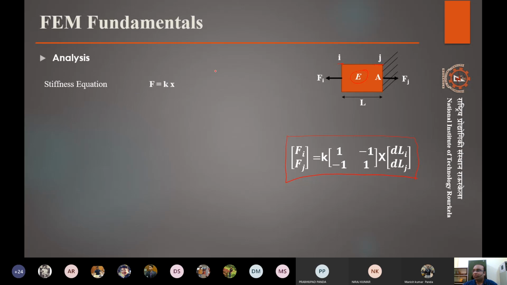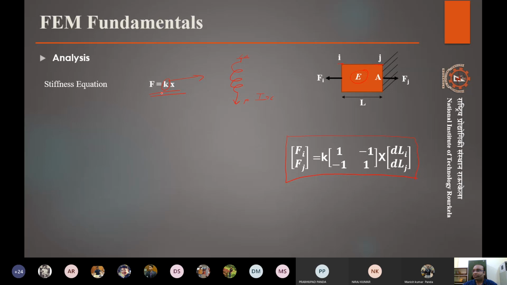So we all know, right, that for any spring kind of situation, if we have a force, and the change that is there with respect to this force will be the x, that will be defined by this equation, right? F equals to Kx, where K is the spring constant.